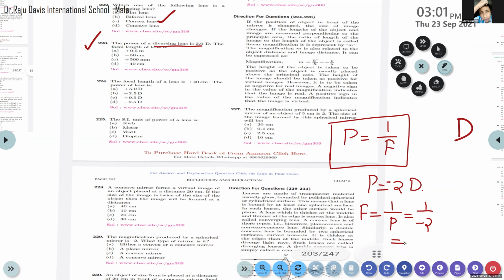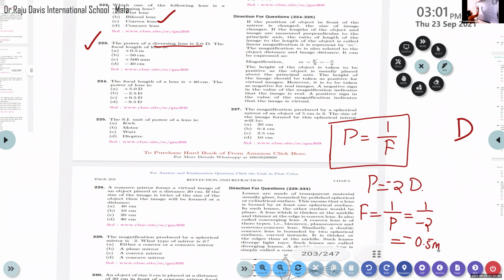Ma'am, is it minus 40? Think and answer. F is equal to 1 by P, 1 by negative 2. Ma'am, is it A? Actually, the option A is right, but there is a correction here. It is not positive 0.5, it is negative 0.5. Negative 0.5 meter will be the focal length.